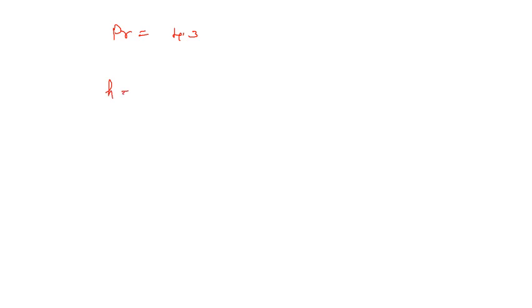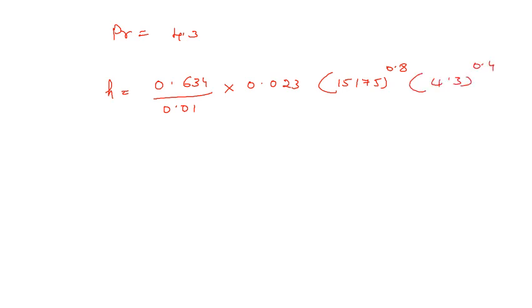Then we can find out the H value, that is equal to 0.634 divided by 0.01 into 0.023 into Reynolds number 15175 to the power 0.8 and Prandtl 4.3 to the power 0.4. By substituting these values, we get the H value as 5782.4 watt per meter square degree centigrade.